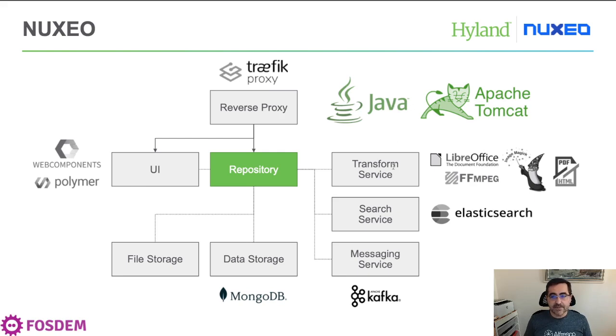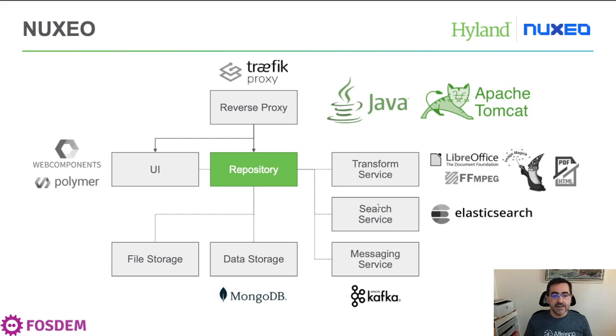The transform service uses a bundle of different open source projects. LibreOffice and ImageMagick provide transformation for Office documents and pictures. FFmpeg is used for video operations, and PDF to HTML supports the transformations to render the documents in the web UI. However, there are also additional integrations to transform content in Nuxeo, since this platform is more oriented to media repositories.